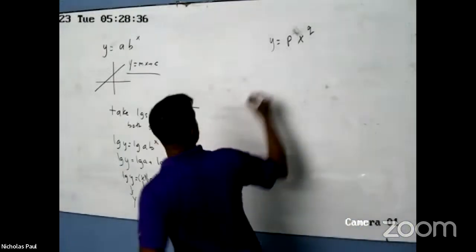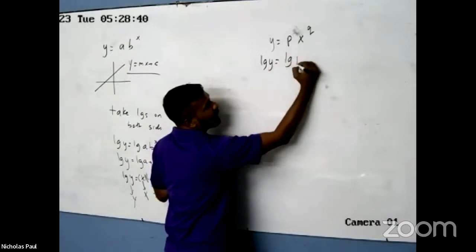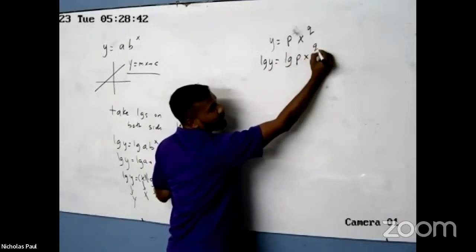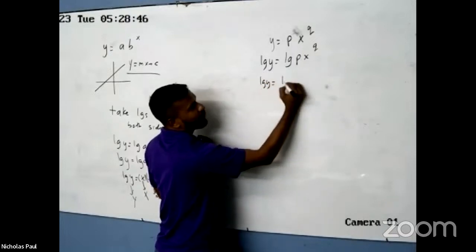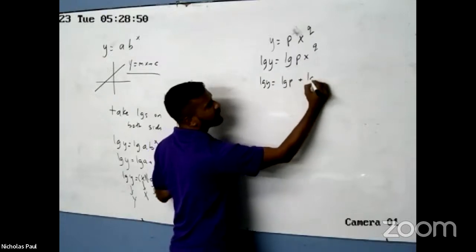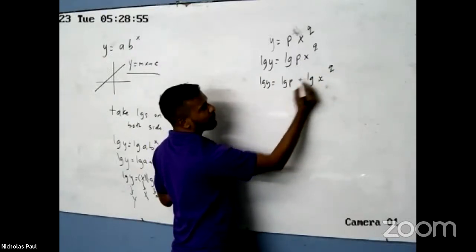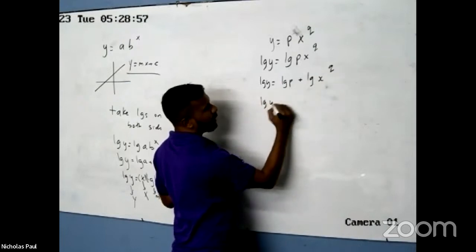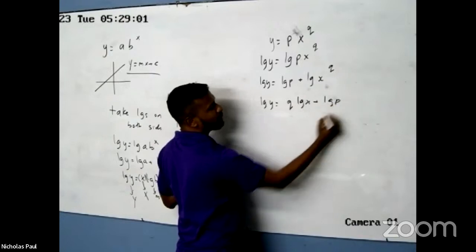So you take logs on both sides, you'll get log y is equal to log p x^q. Right? So this will be log y is equal to log p, multiply means plus, log x to the power q. You bring the q in front, and you'll get log y is equal to q log x plus log p.